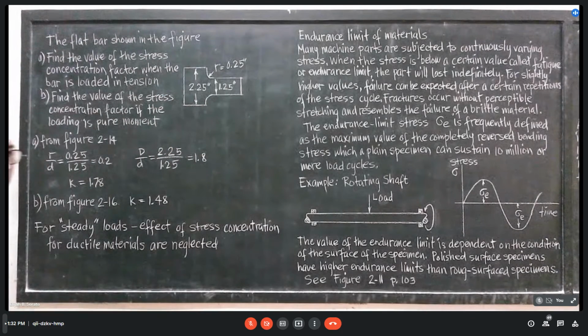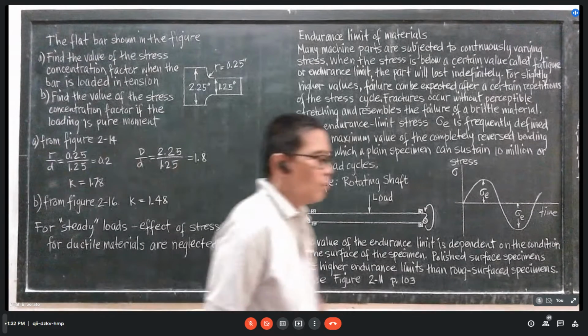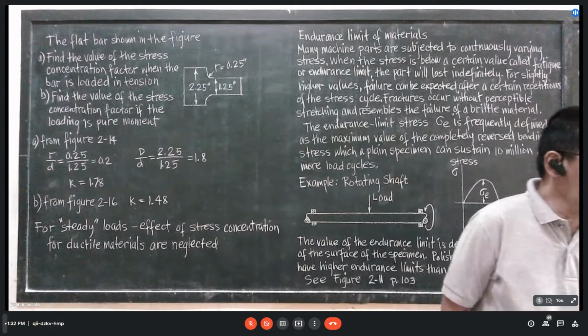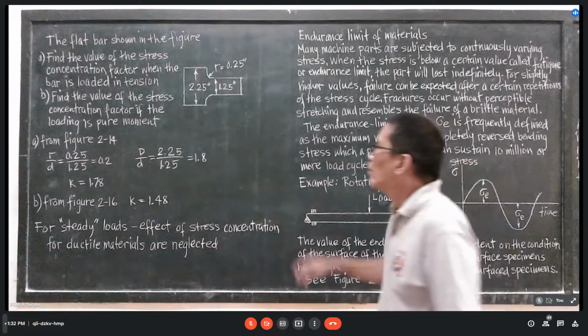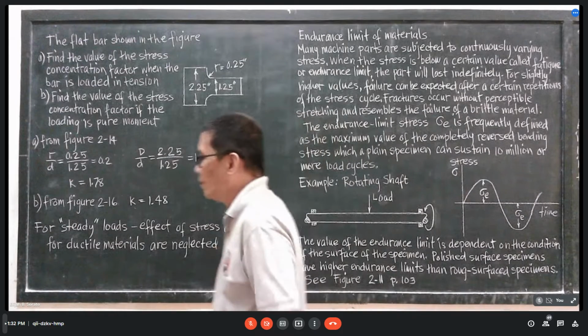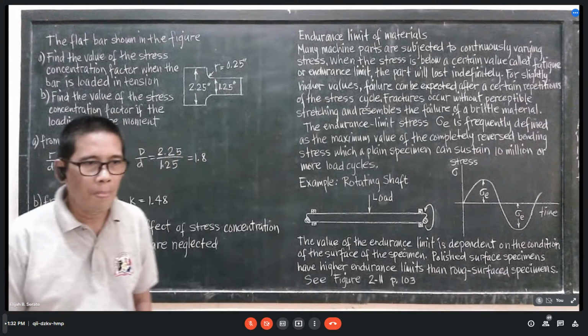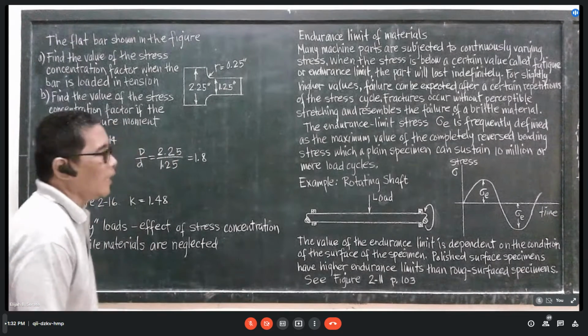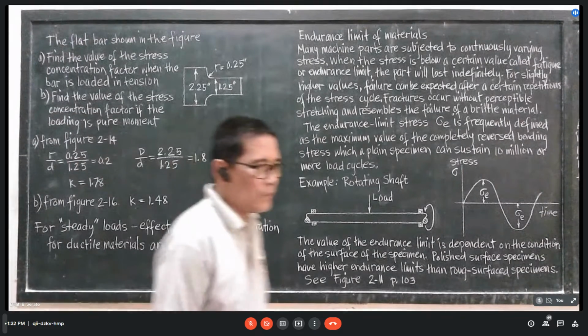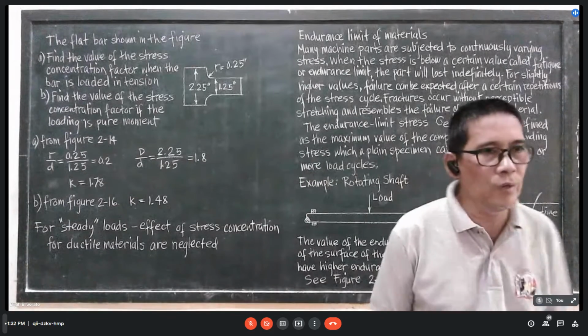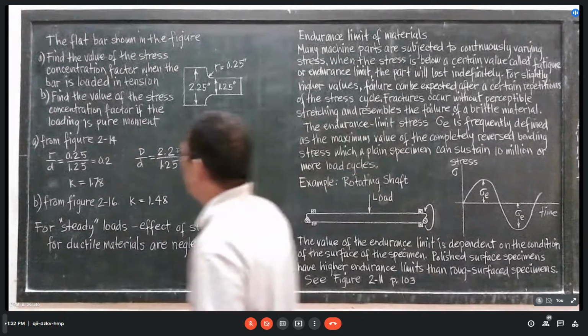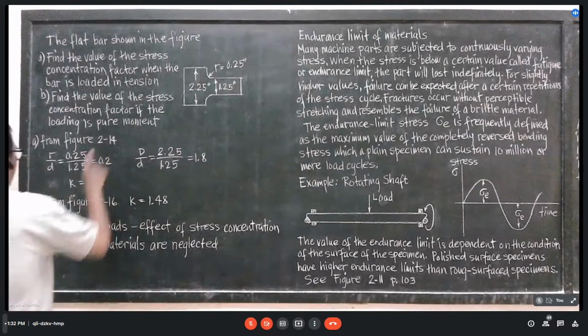So, if you look at the figures, what is the appropriate figure for a bar where the load is tension? 2-14, a flat bar with tensile load. So you use 2-14.